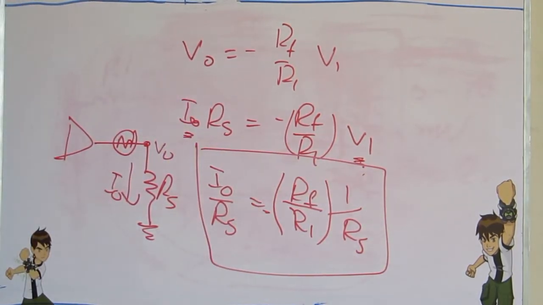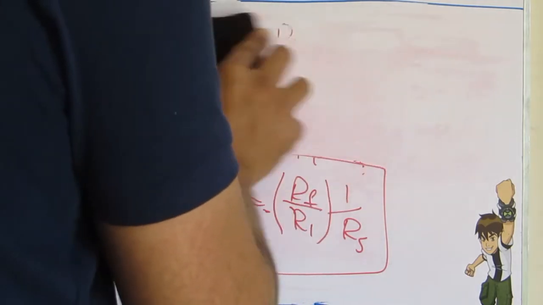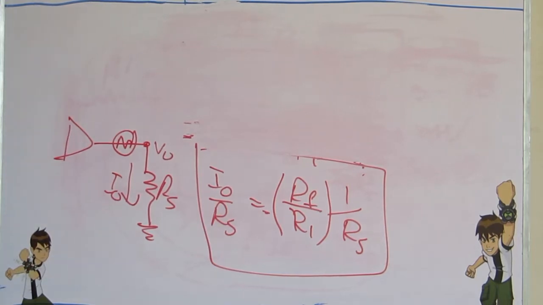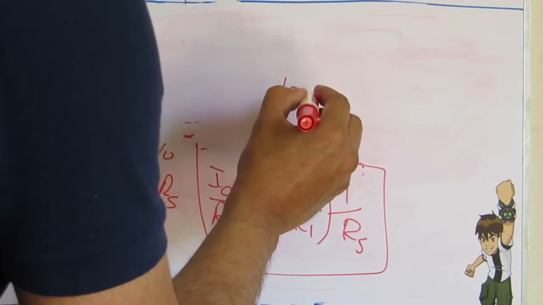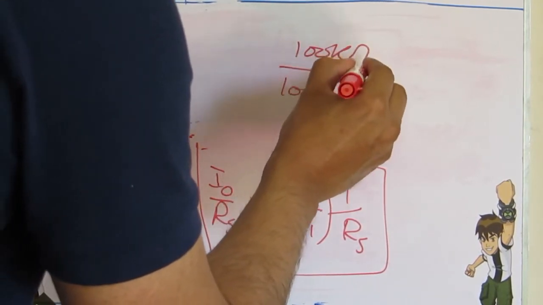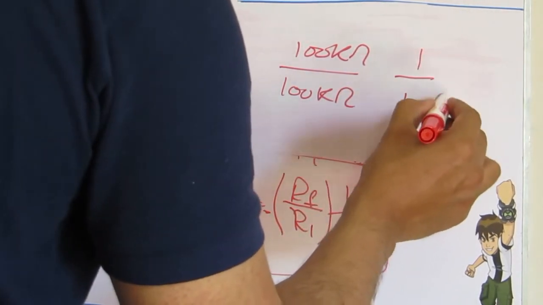Now what does this expression mean to us? The circuit in your book at page number 659 says that R1 is 100 kilo ohms, RF is also 100 kilo ohms, and RS is 10 ohms.